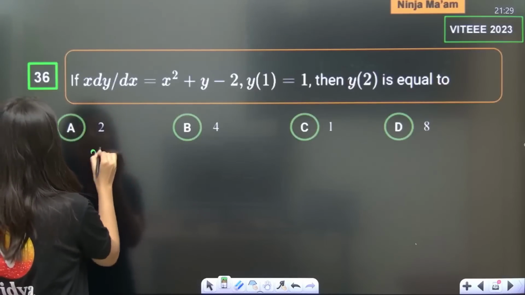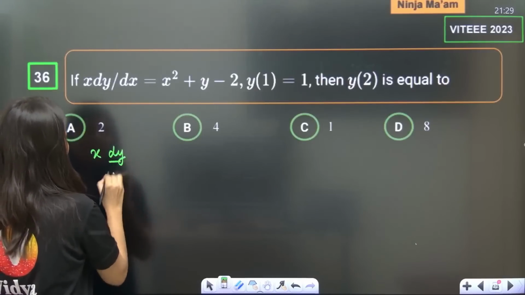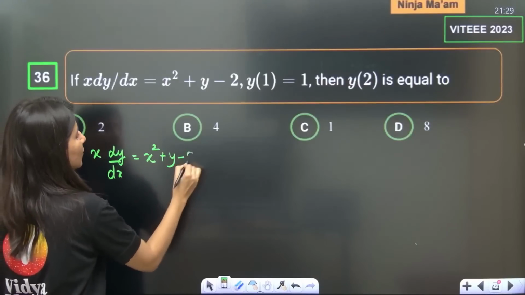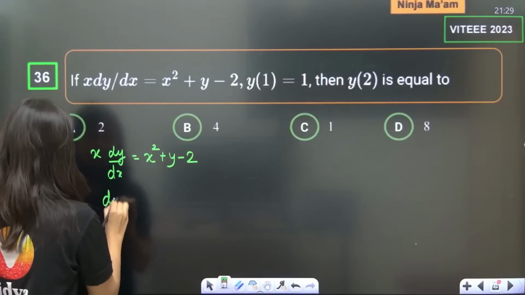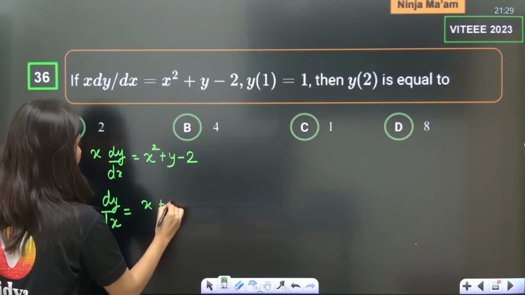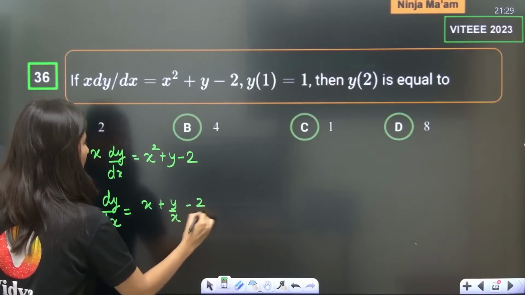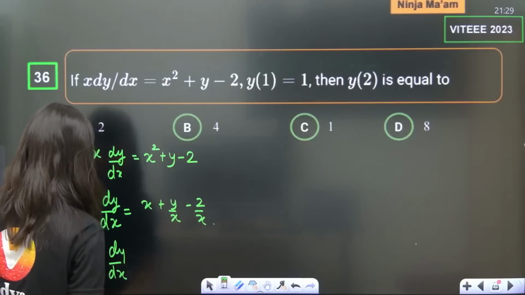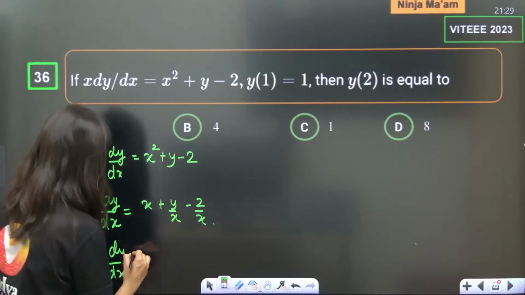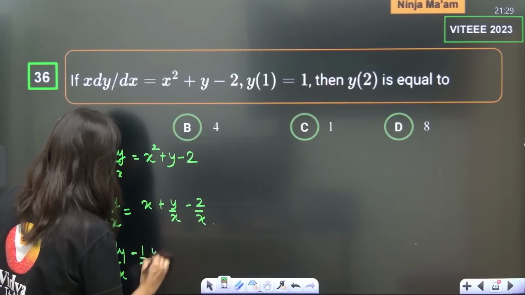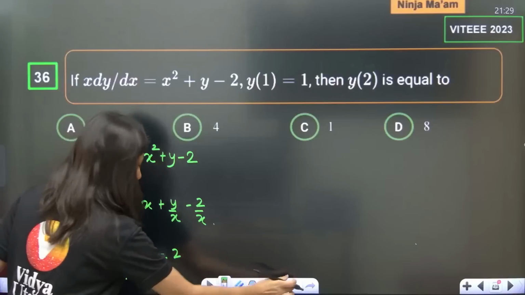Okay, x dy by dx is equals to x square plus y minus 2. So dy by dx is equals to x plus y upon x minus 2 upon x. So dy by dx minus 1 by x into y is equals to x minus 2 by x.